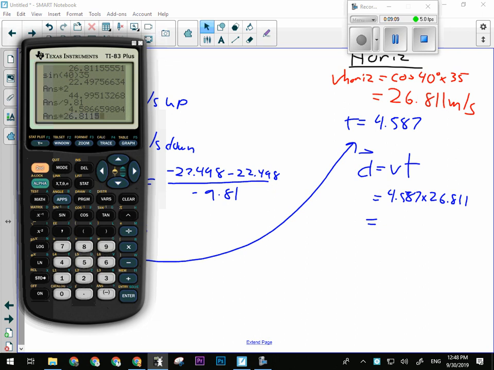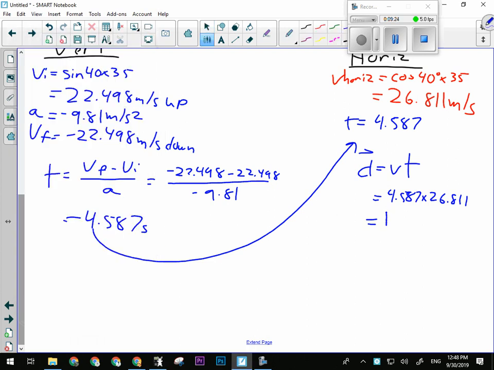All right, so it's going to be 100 and, actually I only have two significant figures here, so it's going to be 1.2 times 10 to the 2 meters away. So that's the first part of the question. Calculated how far away the safety net would have to be.